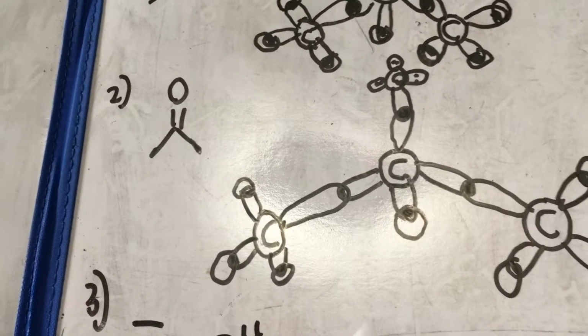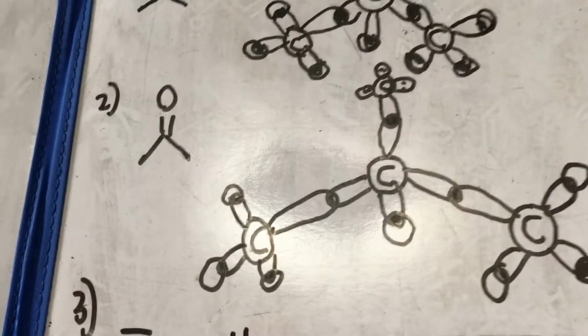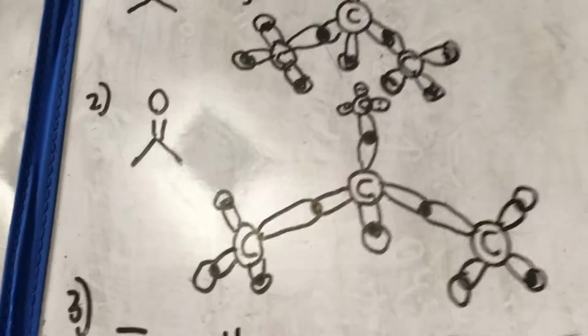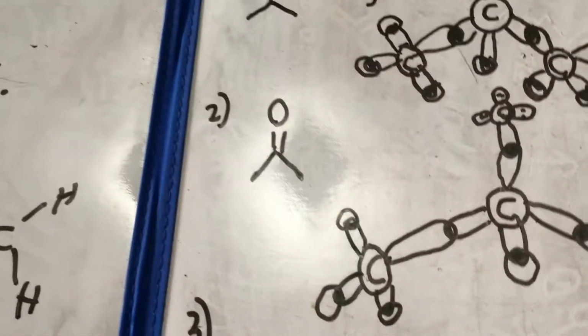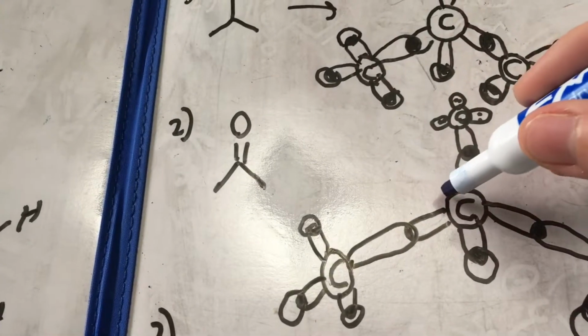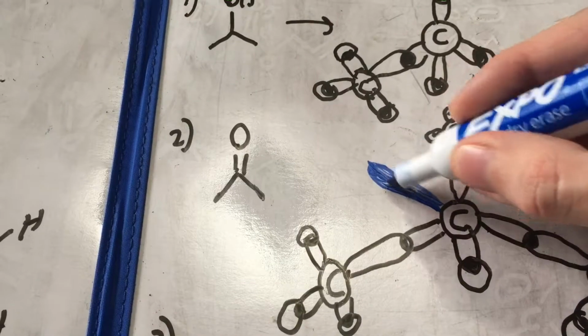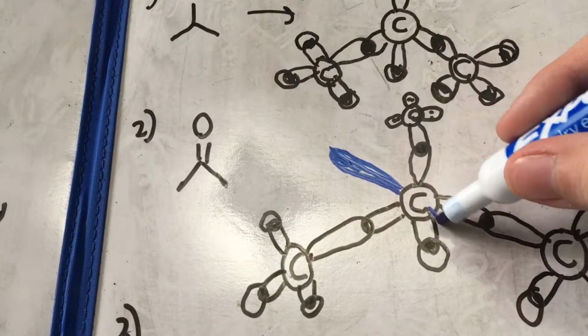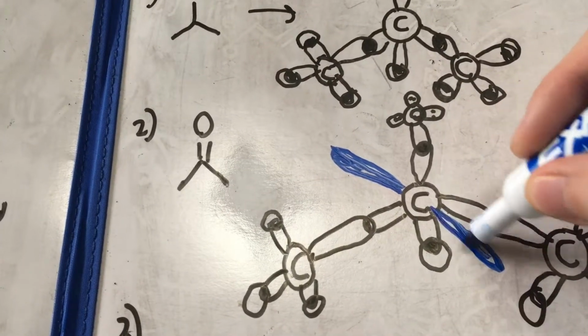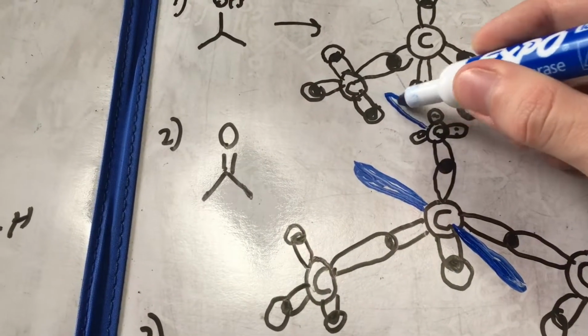So let me get another marker, and I'm going to indicate the p orbital, the other p orbital. So here, this is how we make our pi bond. We're going to pull out this long p orbital, and we're going to make another one here.